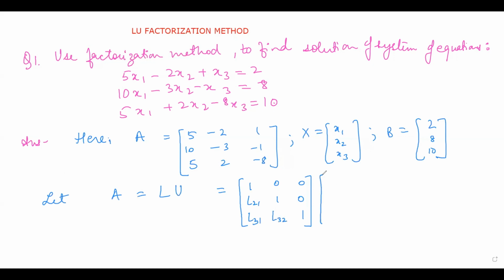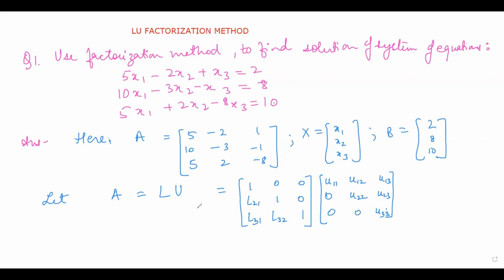Then we have the upper triangular matrix, because U stands for upper triangular: U11, U12, U13, U22, U23, and U33. So this is how we'll be starting. I have already explained this, and you can refer to my earlier video in the playlist.